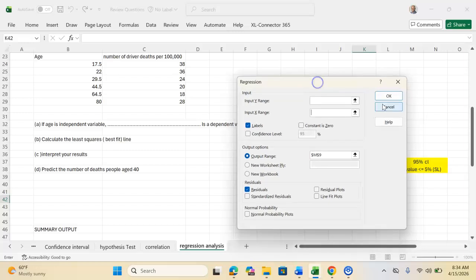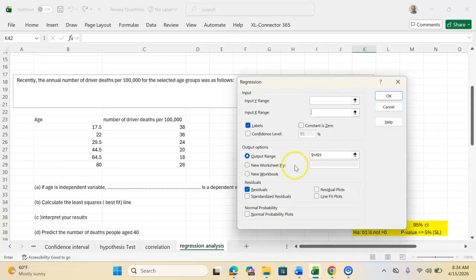We need to input the Y range, and Y is our dependent variable. The X range will be the independent variable. Make sure Labels is checked because we included the age label. Then we need to define where we want our output to be.